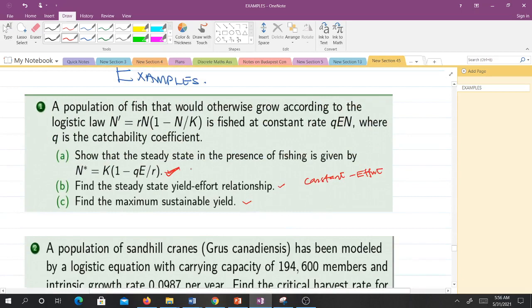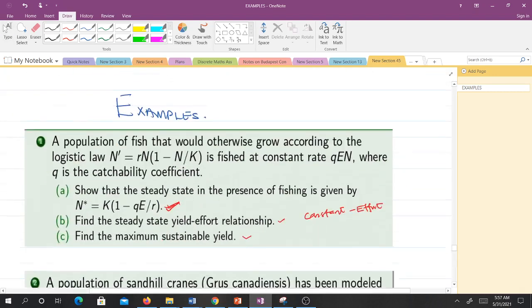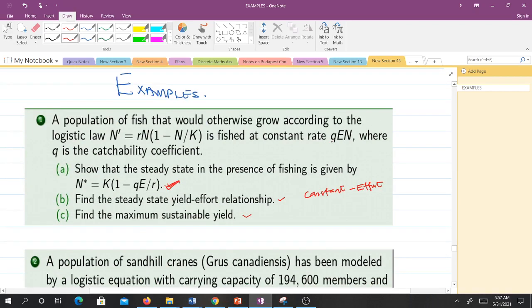Then the next question says we should find a steady state yield effort relationship. That one is very simple. Do you remember here I said for a given effort E, the yield is given by Y of E equals E times N star, where N star is the steady state that we just showed, okay? And the E is the rate. In this question, the rate was QE.